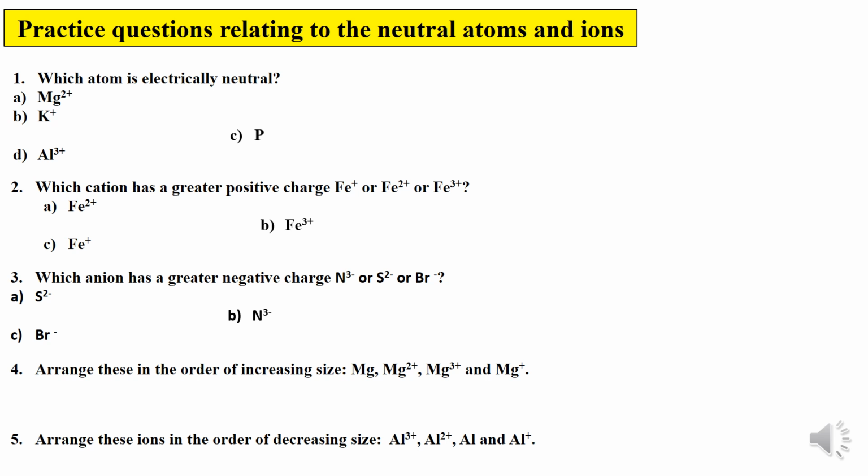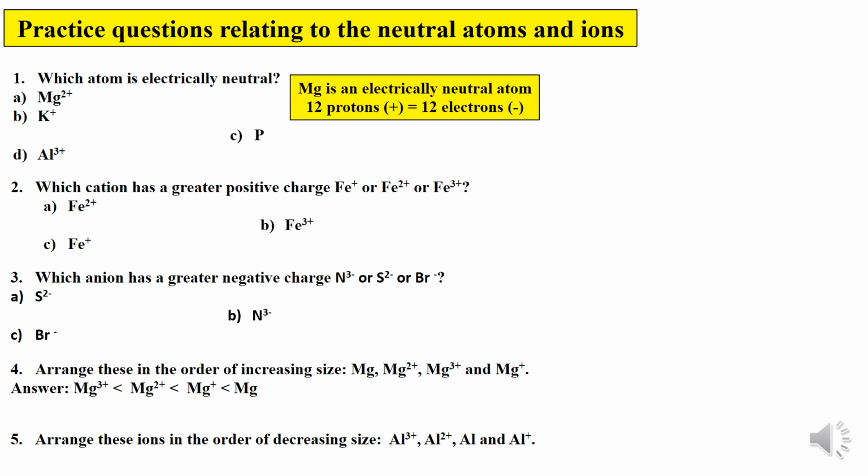So the next question is going to be an interesting one. Arrange these in the order of increasing size. Whenever you get a question relating to the order of increasing size of a given element, always start with the neutral form of the atom.